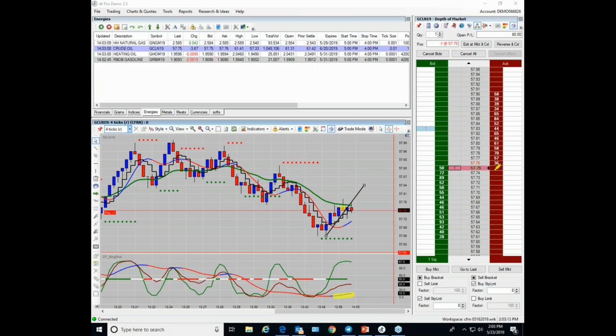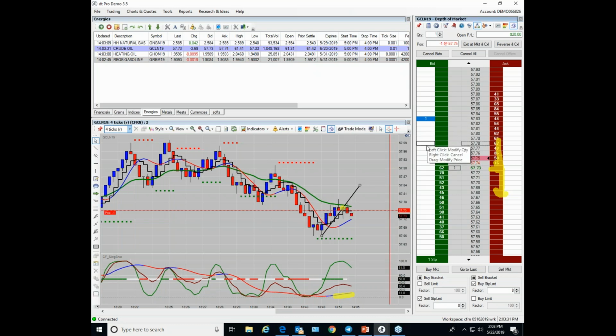I did it just to left click in the DOM to show you how to execute a trade. And again, for us to move the stop down, there's our stop. It's right here. I'm going to left click, drag, and release. We're getting a little bit of a reaction here, which is cool.